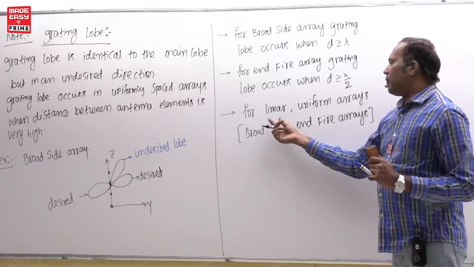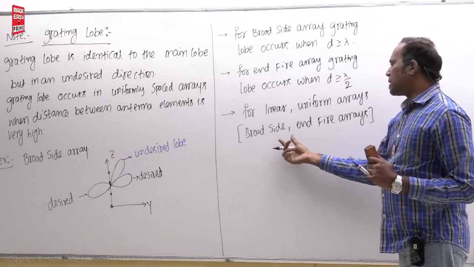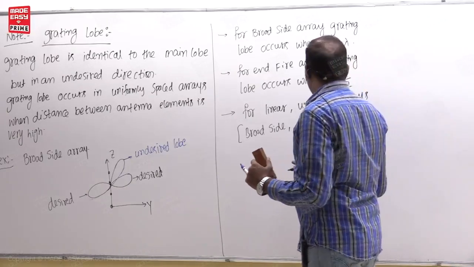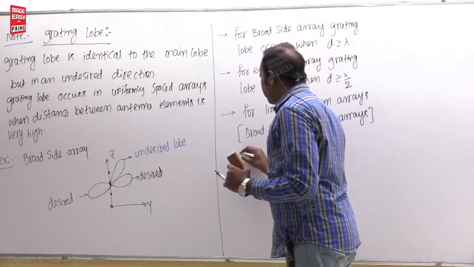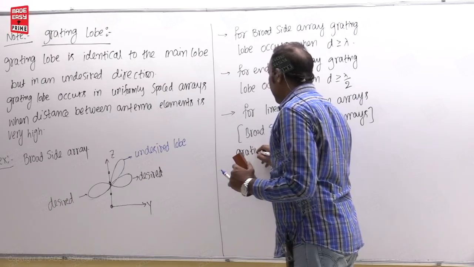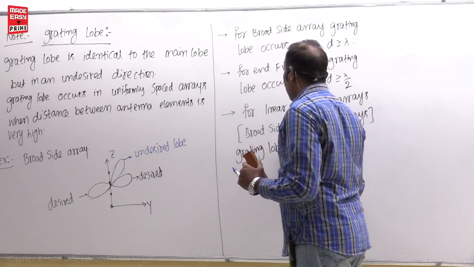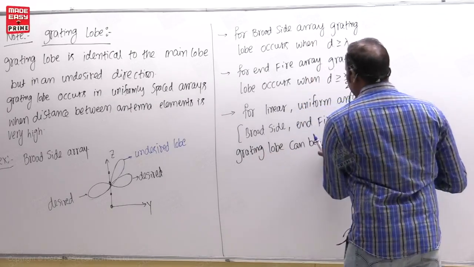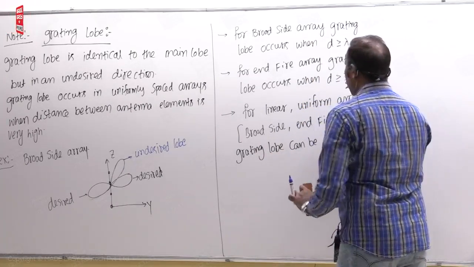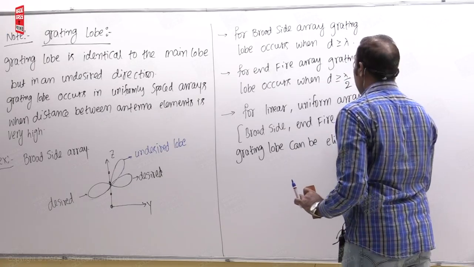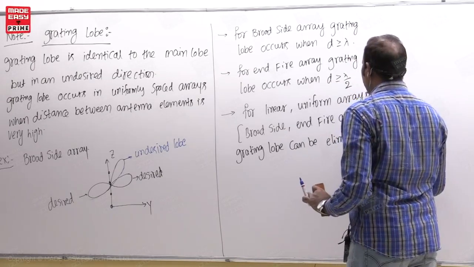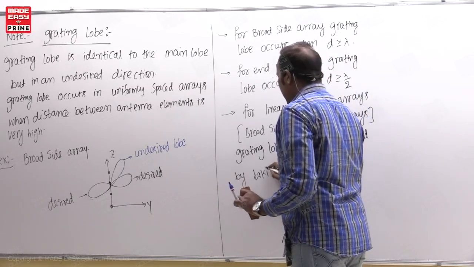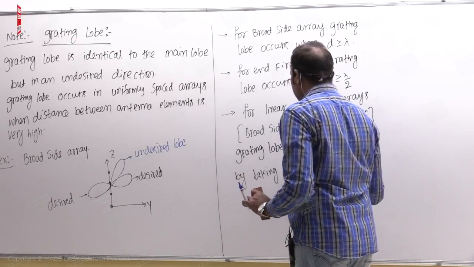So that is why for linear and uniform arrays, meaning broadside as well as end fire, for both of them, grating lobe can be eliminated by taking d less than lambda by 2.